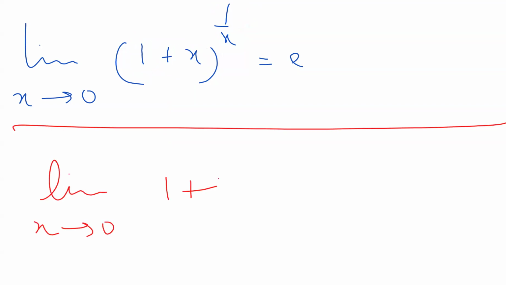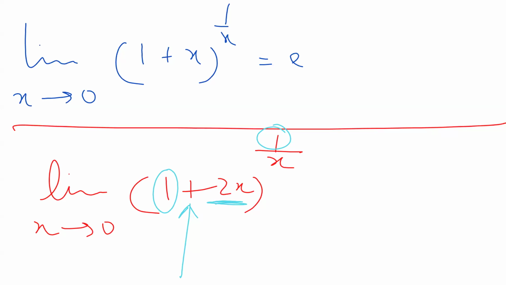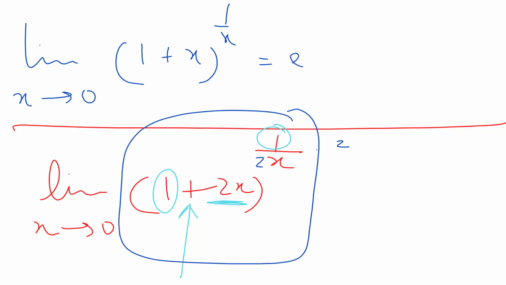X approaching 0, 1 plus 2x, the whole raised to 1 by x. Tell me how to solve this. This is 1, this is 1, this is plus. So in the power we multiply by 2, divide by 2, so we are having 2x over here. We'll make this 2x and this is also 2. What about this then?